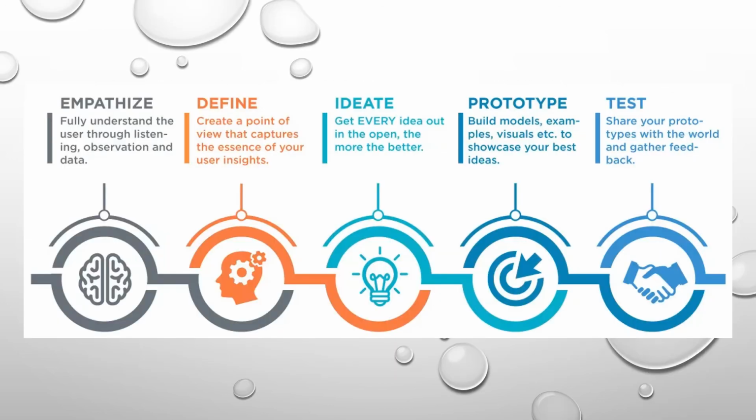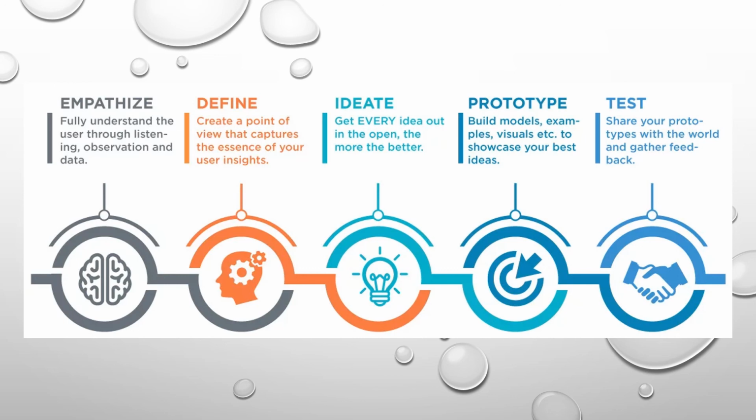Now let's discuss the 5 stages of design thinking: empathize, define, ideate, prototype, and test. The Hasso-Plattner Institute of Design at Stanford describes design thinking as a 5-stage process. Please note that these stages are not always sequential and teams often run them in parallel, out of order, and repeat them in an iterative fashion.